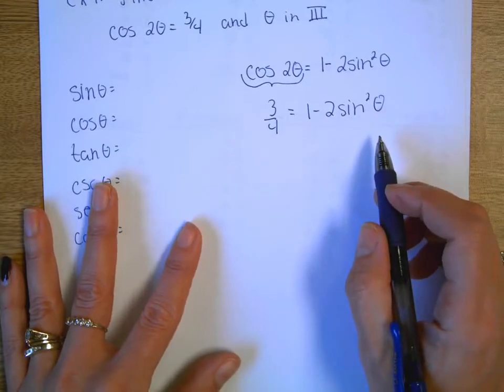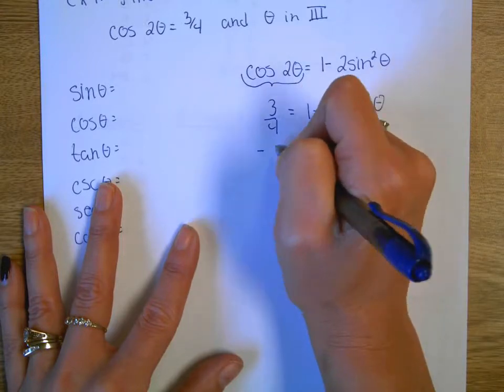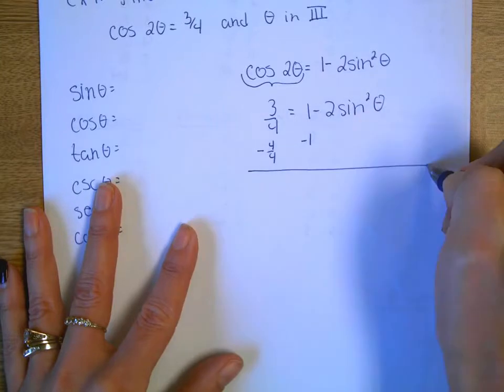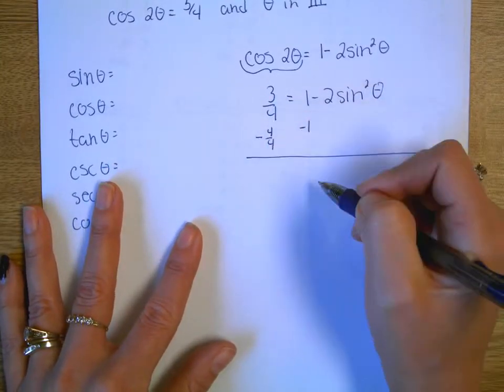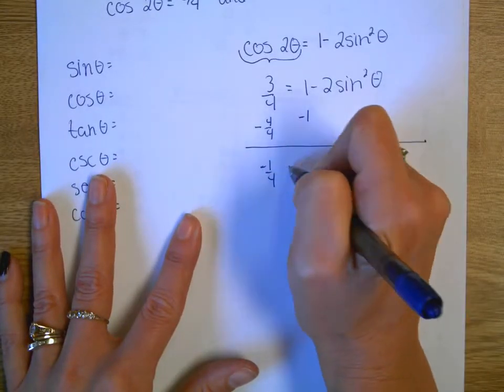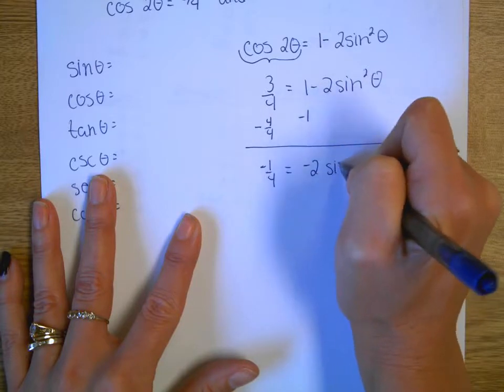What's my first algebra step? Subtract 1. Can I make it 4/4? What's 3/4 minus 4/4? Negative 1/4. Negative 1/4 equals a negative 2 sine squared.